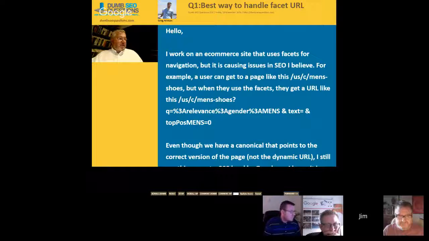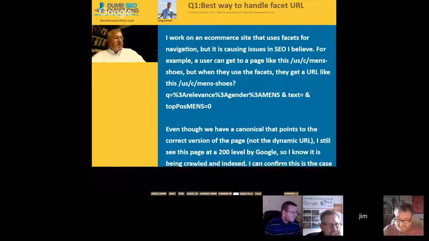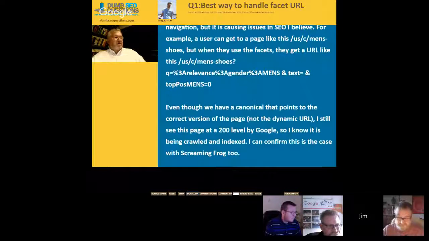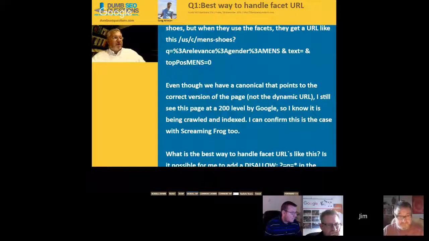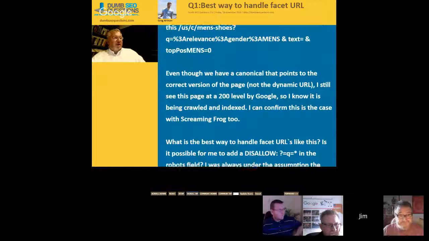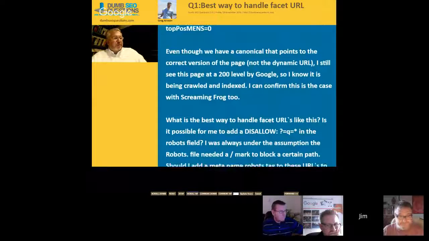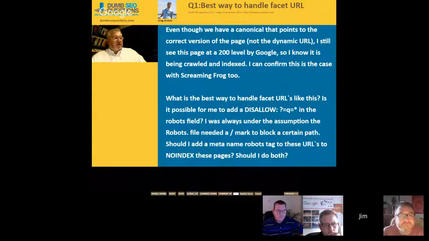He said, even though we have a canonical that points to the correct version of the page and not the dynamic URL, I still see this page at a 200 level by Google, so I know it is being crawled and indexed. I can confirm this is the case with Screaming Frog 2. What is the best way to handle facet URLs like this?